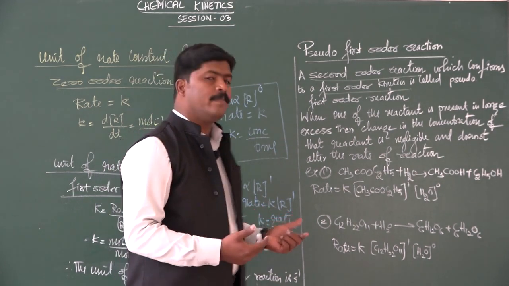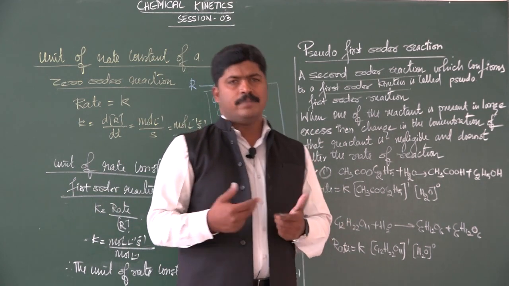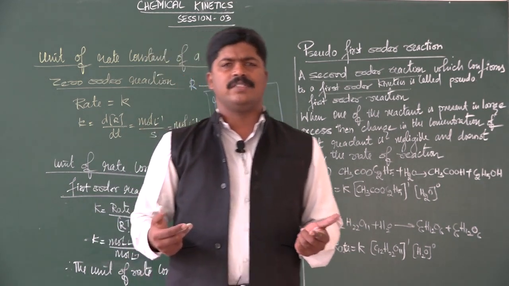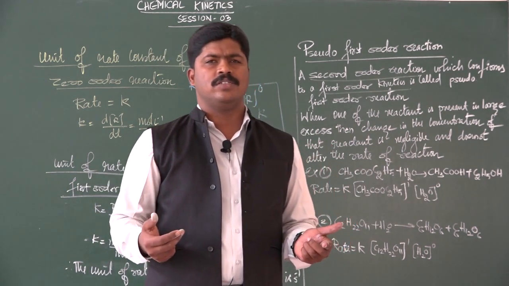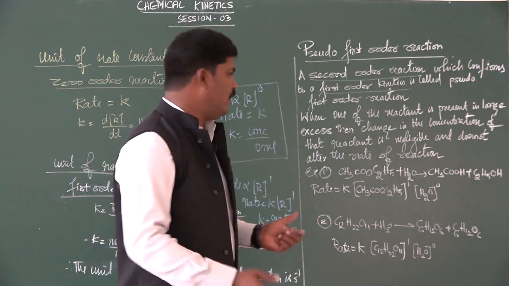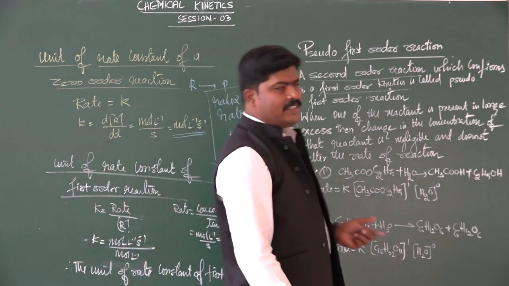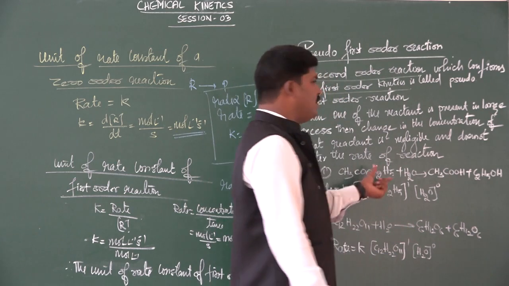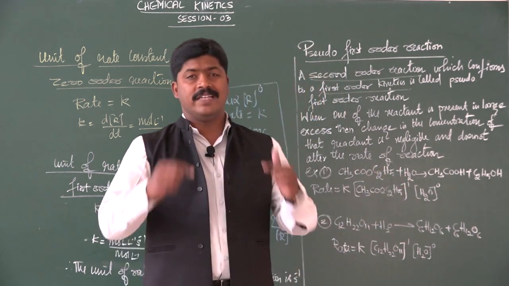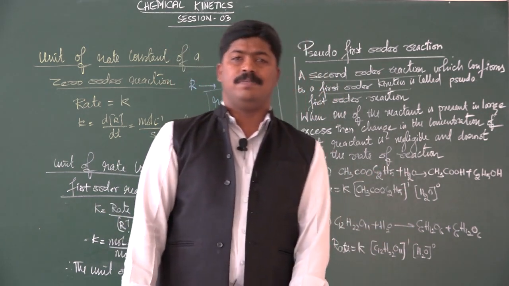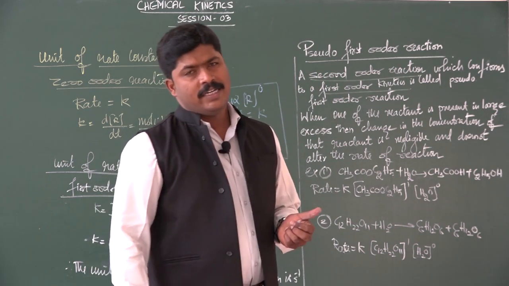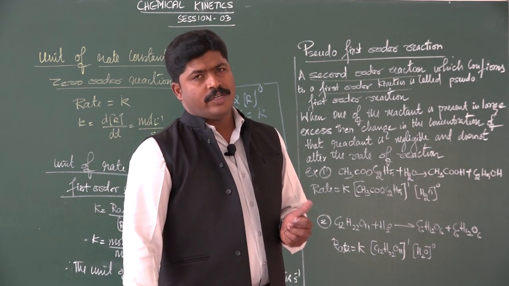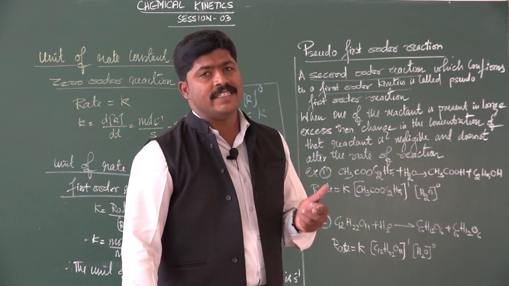If I go back to the basic definition, what is the rate of a reaction? It is the change in concentration of the reactant. Now if any one of the reactants does not change its concentration, or it remains the same, that means it has not participated in the chemical reaction. So it has no right to decide the rate of reaction.